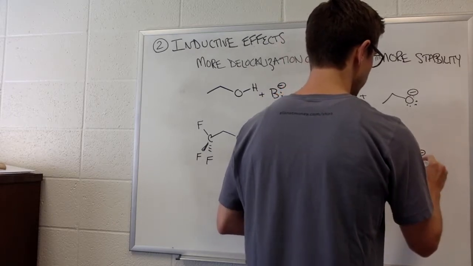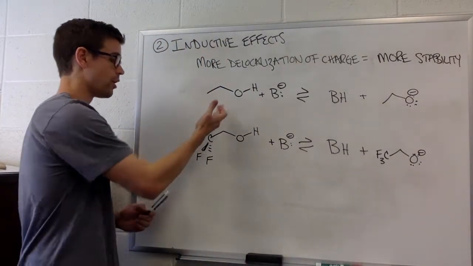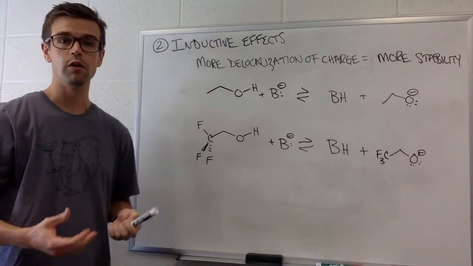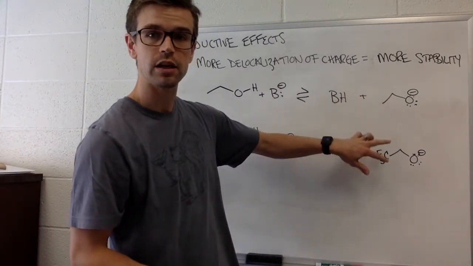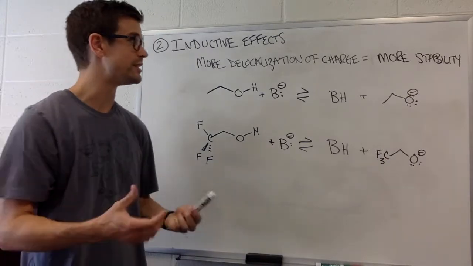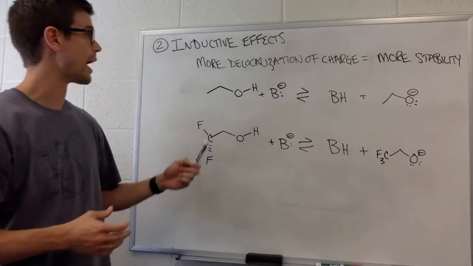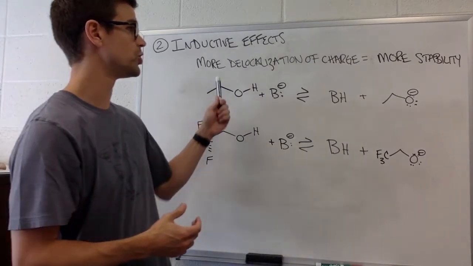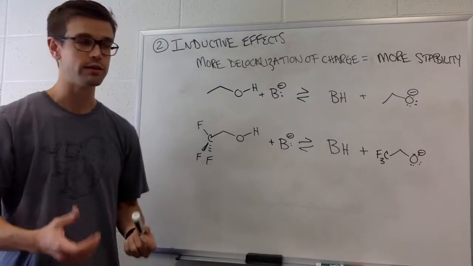So if we're trying to understand whether ethanol or trifluoroethanol is more acidic, we have to understand which of these conjugate bases is more stable. And essentially what we're looking at is which of these has more charge delocalization, because if you have more charge delocalization, you're more stable.